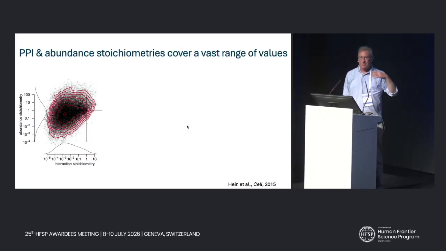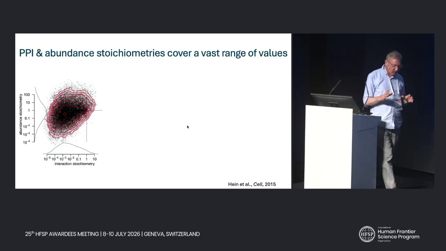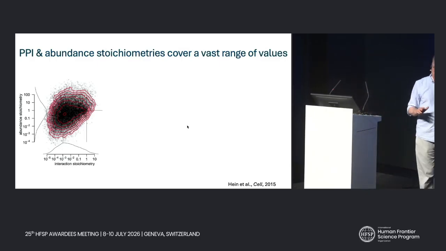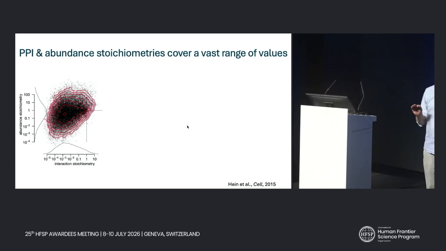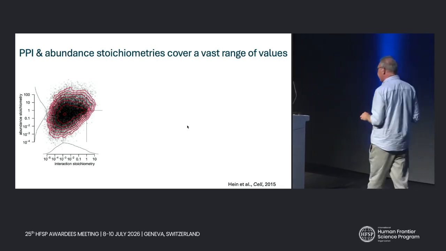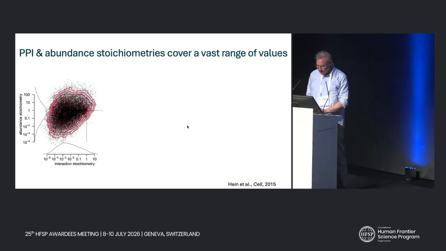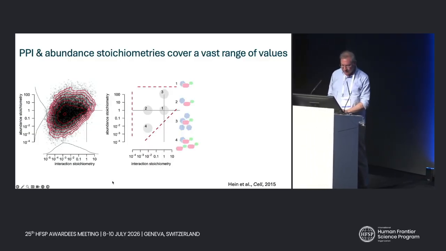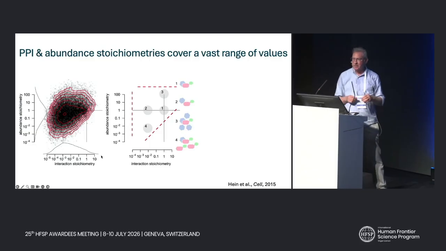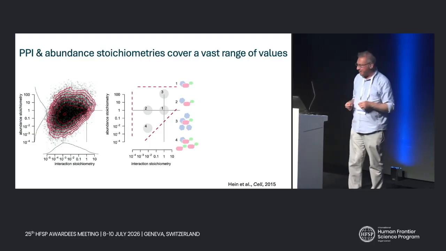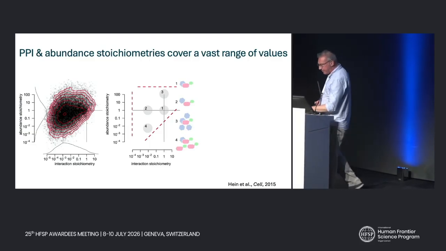Okay. So the first thing is that, in order to be able to make any predictions, we would need some sort of ground truth. And we were able to get this from a series of data from Matthias Mann's lab that described both the interaction stoichiometry from affinity purification mass spec studies and abundance stoichiometries.